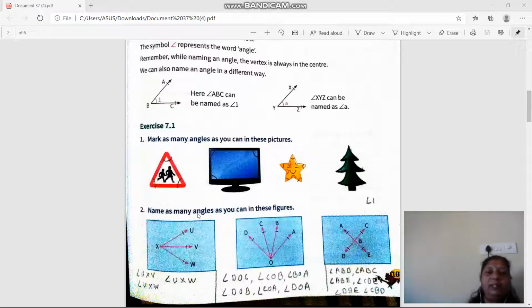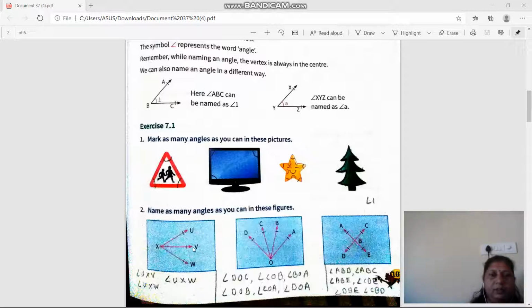Name as many angles as you can in this figure. Okay, so let's see here. Not X, it is UXV. Can you see this angle? See my cursor. U, X and V. Get it?